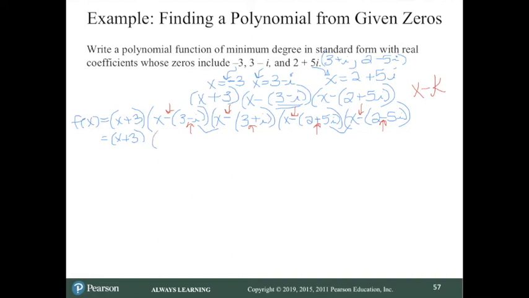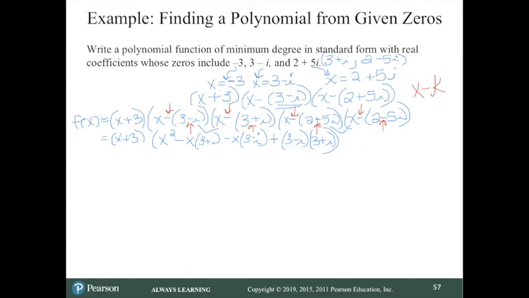So first thing I'm going to do is FOIL this as if it's a binomial. X times x is x squared minus x times 3 plus i, minus x times 3 minus i, plus 3 minus i times 3 plus i. Okay, so that's my first pair of conjugates foiled. I haven't simplified yet. That was just writing out the multiplication.